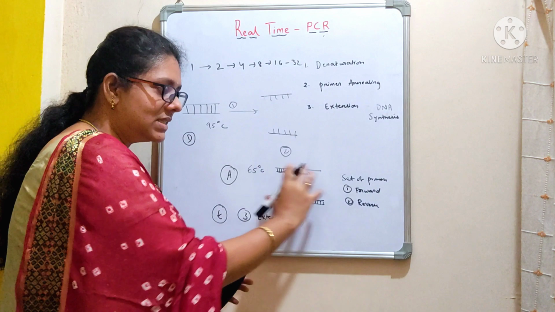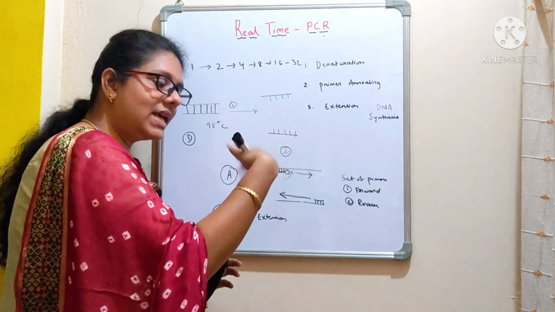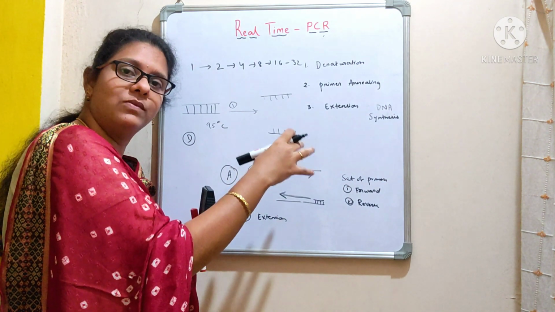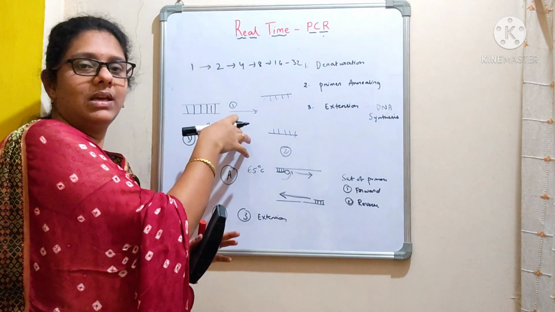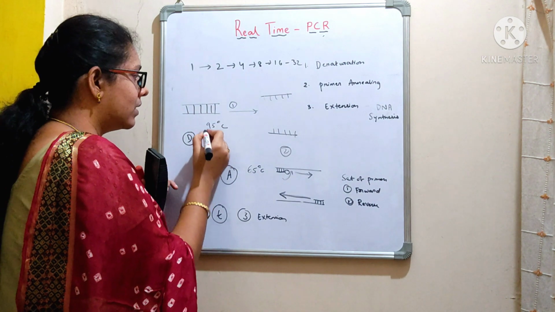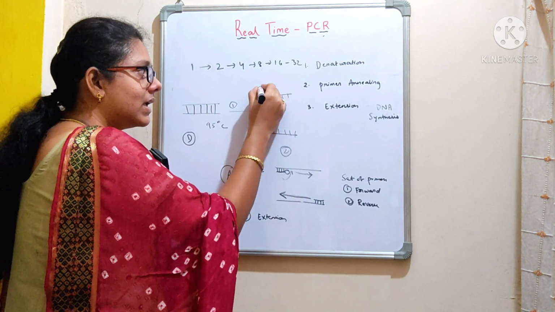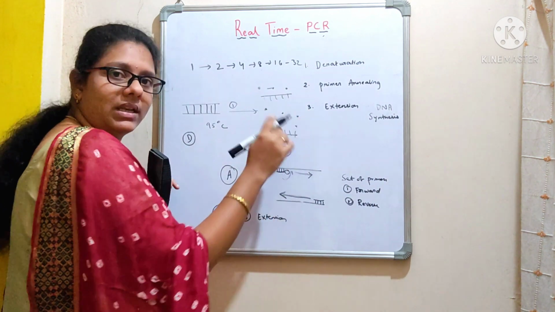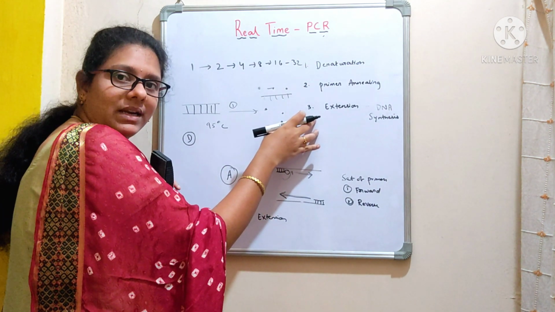As the reaction proceeds, as the amplification of the gene takes place, these fluorescent dyes will go and bind within the DNA molecule. For example, if it is single stranded DNA, those dyes will scatter. They won't bind with the DNA. These are the intercalating dyes.